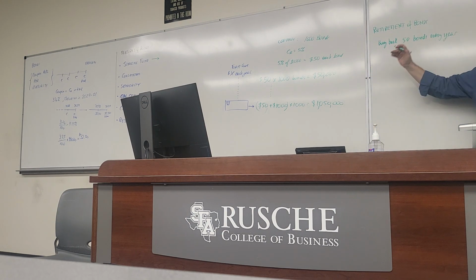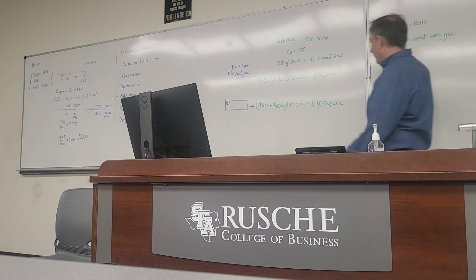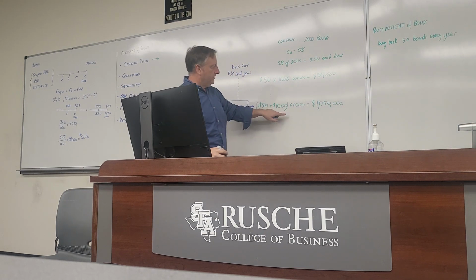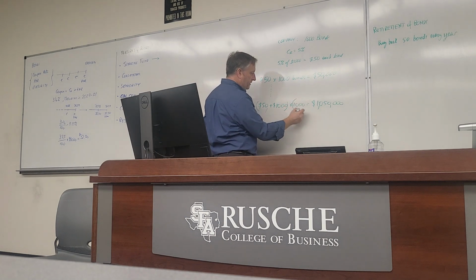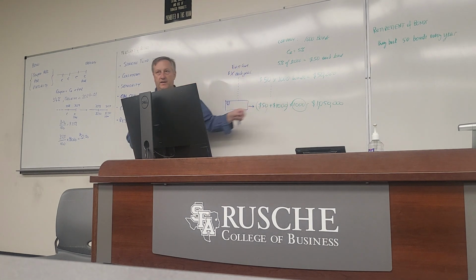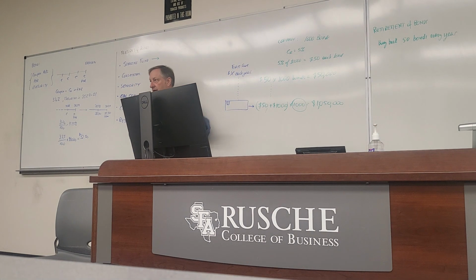So the firm goes on the open market and buys 50 bonds every year. So after 2 years, there are going to be 100 bonds less. After 4 years, 200 bonds less. So ultimately, they will soften the impact of this large payment by reducing the number of bonds outstanding at the very end of the life of the bond.